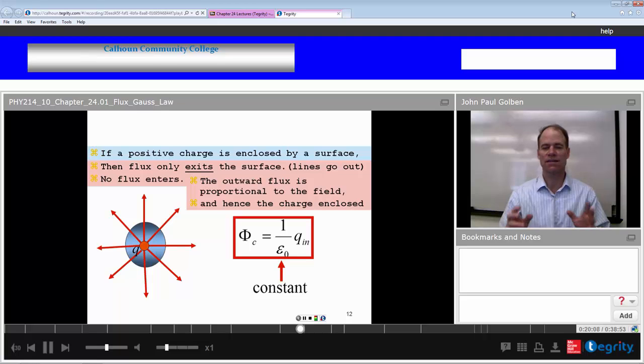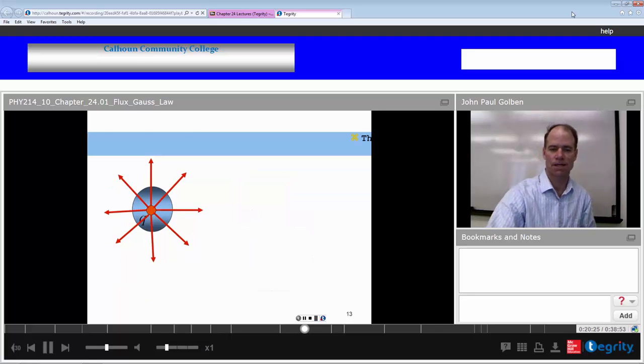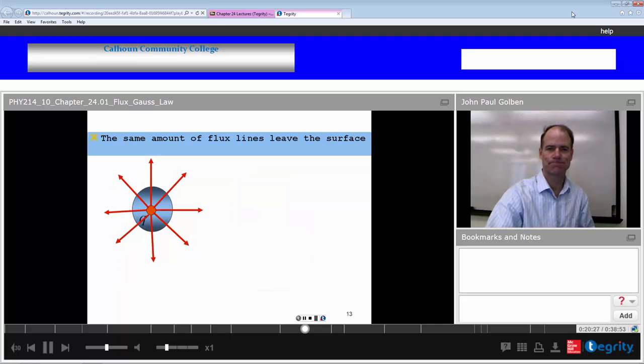But we're just saying that the flux that goes through this closed surface is proportional to the charge inside. If the charge were increased, I would have to indicate that by drawing more flux lines for a greater field, and hence my flux would be increased proportionally. The same amount of flux lines will leave the surface of this sphere regardless of whether I change the surface type.